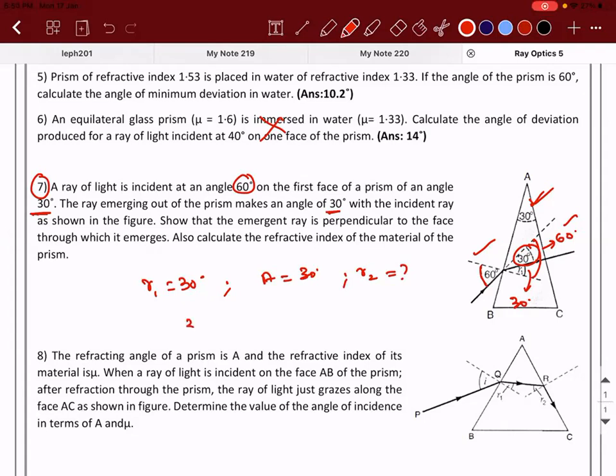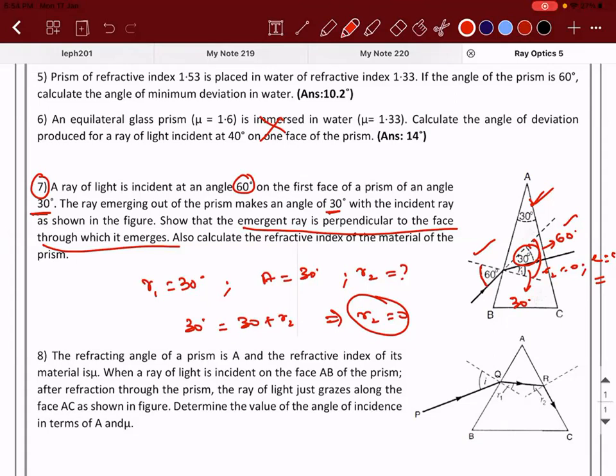So A is equal to R1 plus R2, 30 is equal to 30 plus R2, which implies R2 is equal to 0. When R2 is equal to 0, the angle of emergence will also be 0. When that is 0, the emergent ray is perpendicular to the face through which it emerges out.